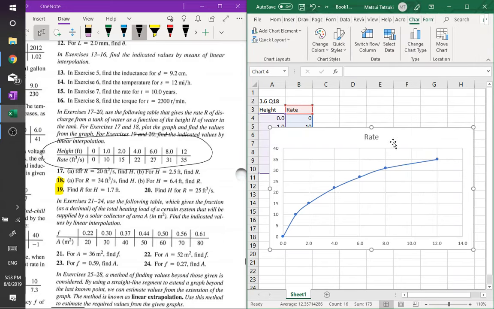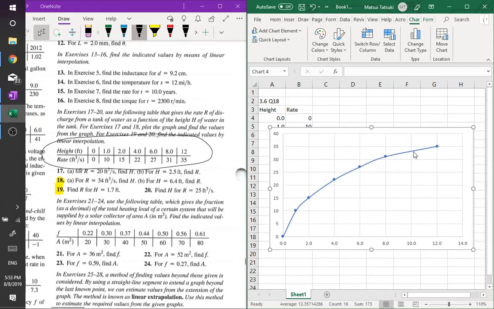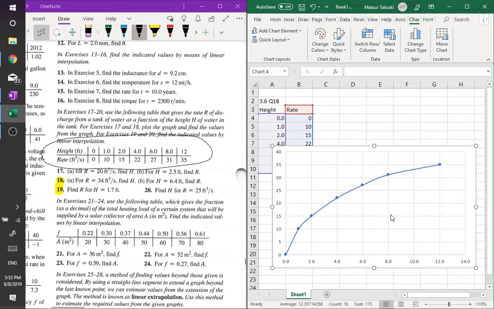I just clicked it and it automatically created this scatter plot. Now let me remove the label here so you can see a larger graph. Question 18 is asking: when the y coordinate is 34, what is the x? Find h. The height is the x coordinate, and this is the rate.